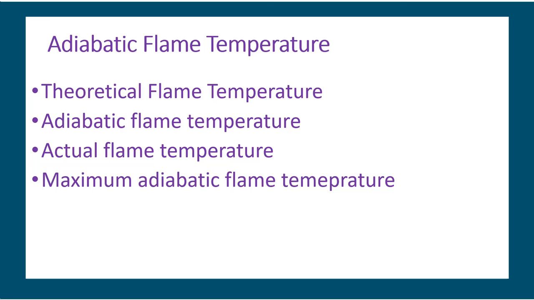So in an exothermic reaction, the less heat is transferred, the higher will be the product temperature. Hence, if the reactor is adiabatic, the highest achievable temperature is reached. This temperature is called the adiabatic flame temperature or theoretical flame temperature.